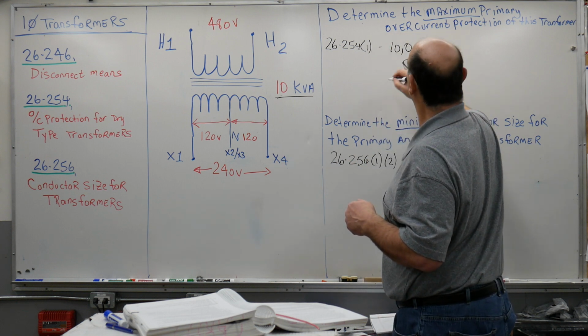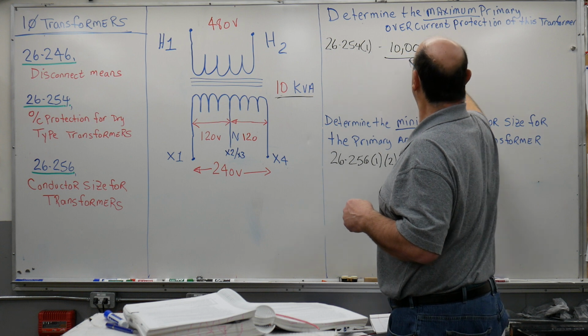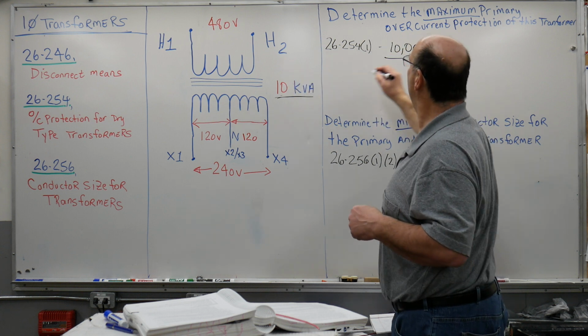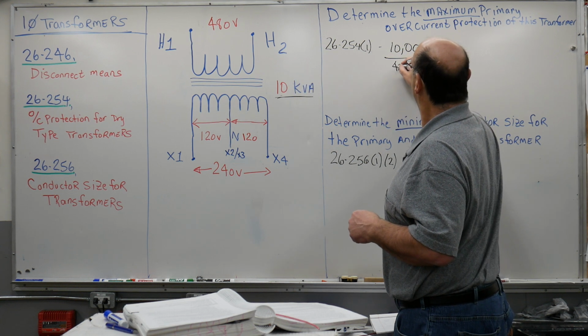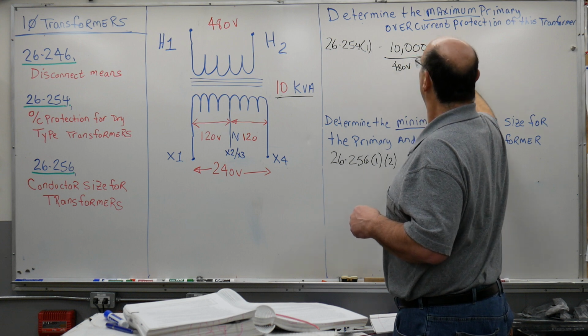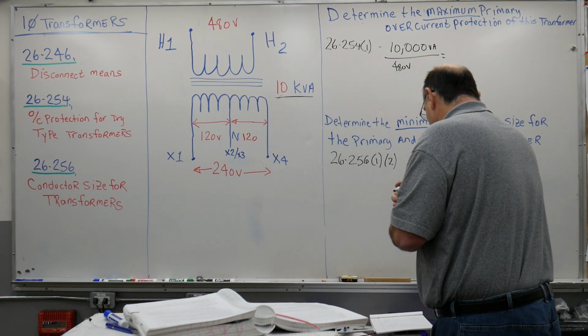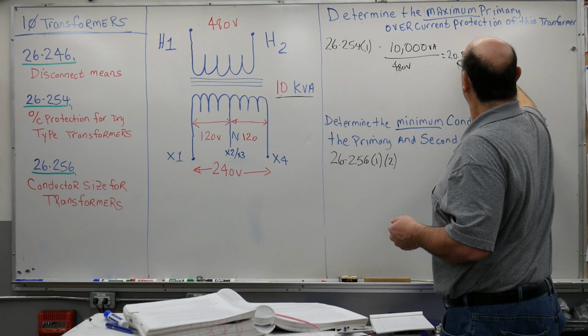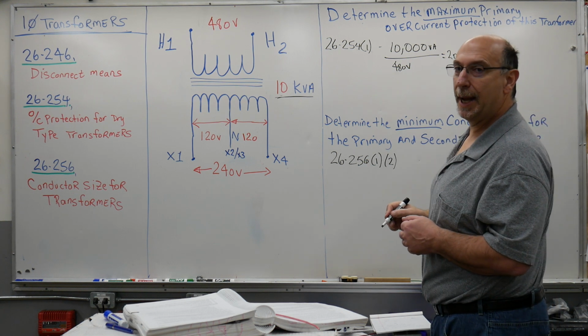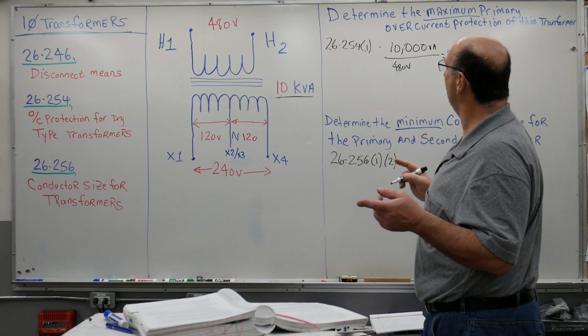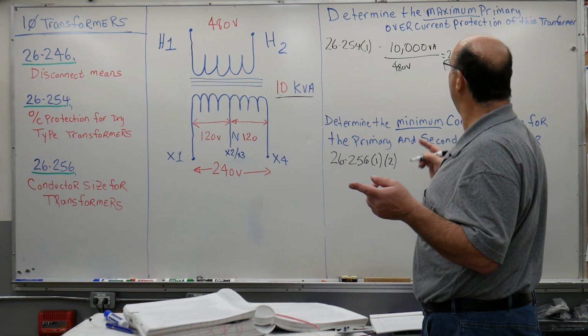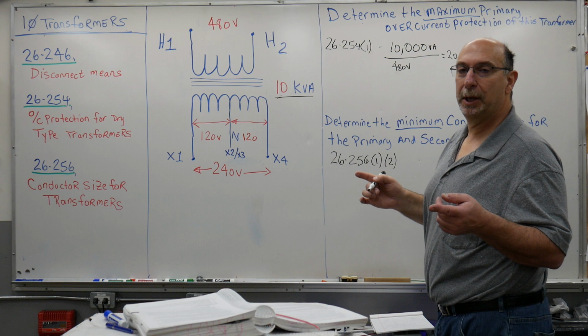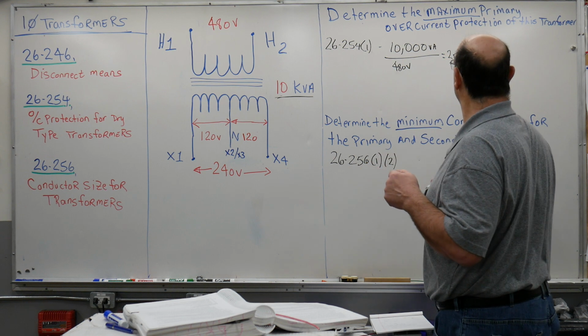Too early in the morning. So 10,000 VA divided by 480 volts, and we come up with 20.8 amps. Now in Sub-Rule 1, it says you have to multiply the primary current by 125%.